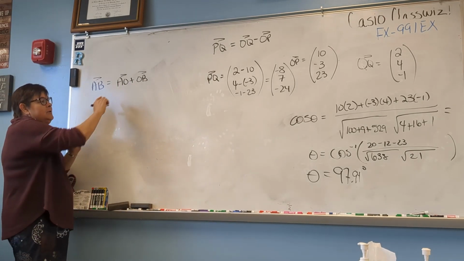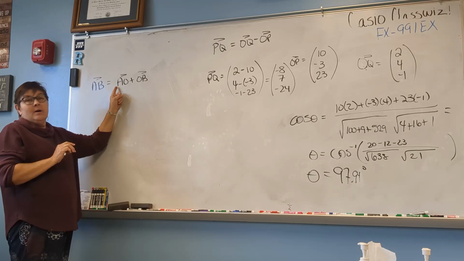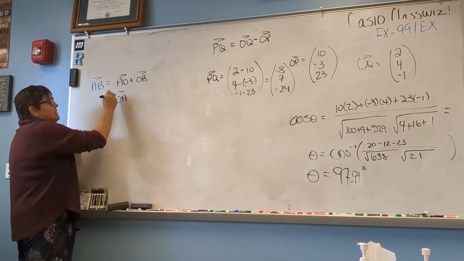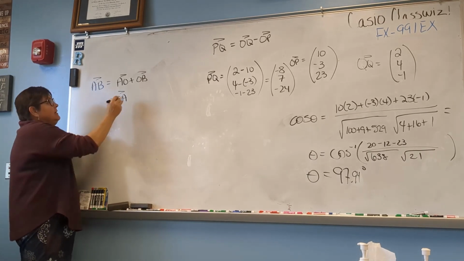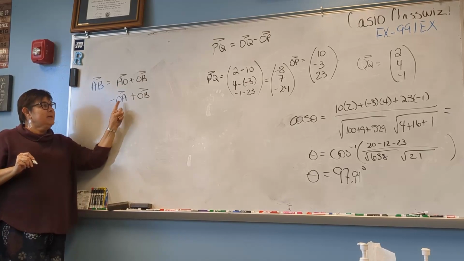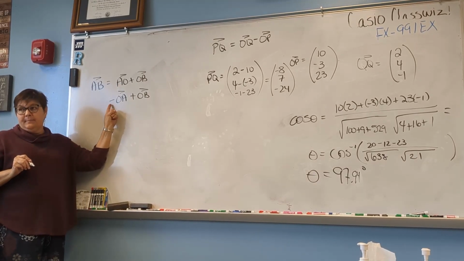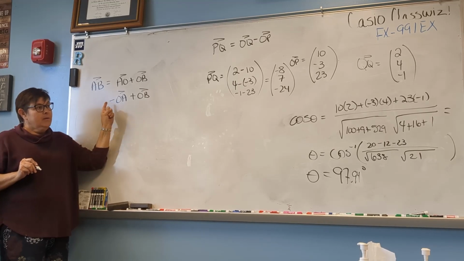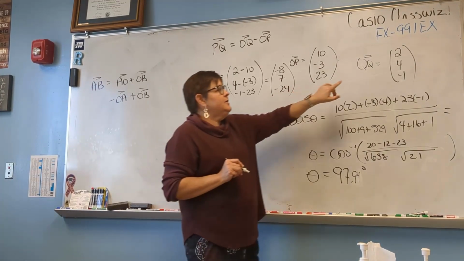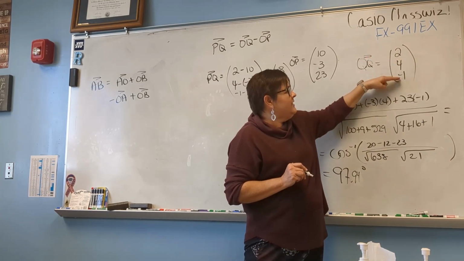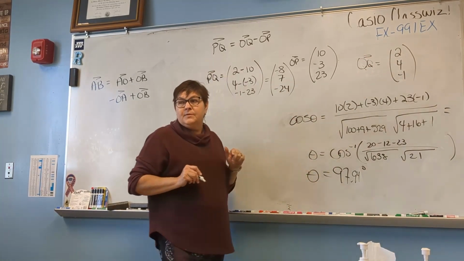Do you agree with me? We start at O and work our way to A. So if I flip this, I would negate it. If I'm looking for QO instead of OQ, this would be negative, negative, positive. It's just the opposite symbols.